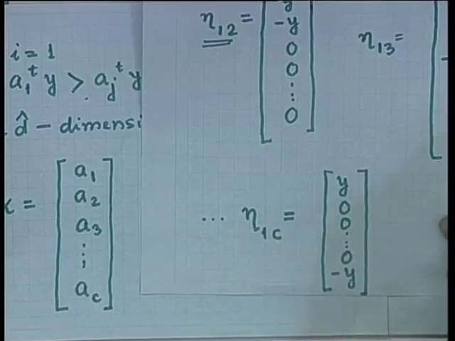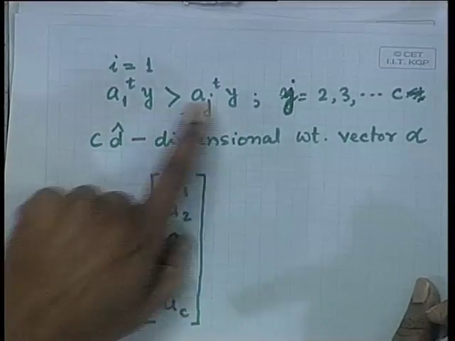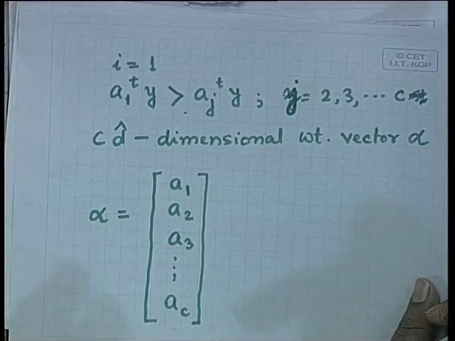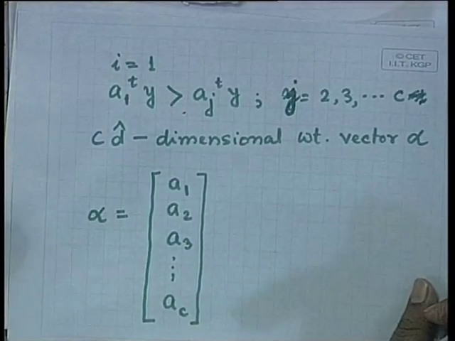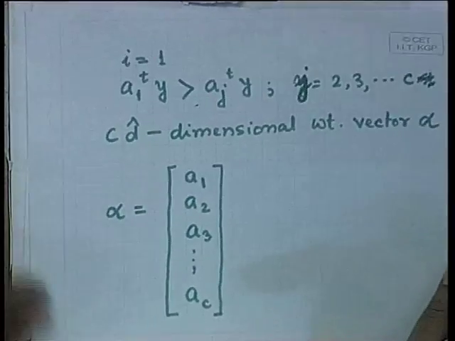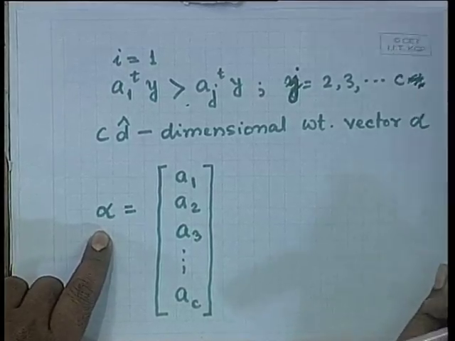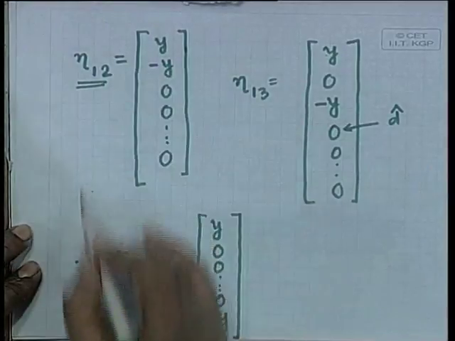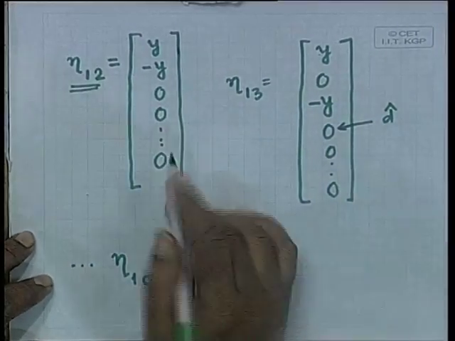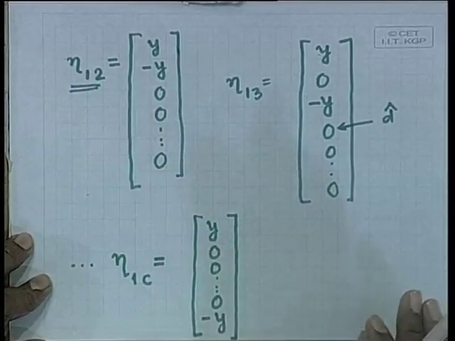So, this condition that a 1 transpose y greater than a j transpose y, or a 1 transpose y minus a j transpose y greater than 0 for all the values of j, for y to be classified to class omega 1, is equivalent to saying that this weight vector alpha properly classifies all these c minus 1 number of feature vectors, where these feature vectors are generated from the original feature vector y.